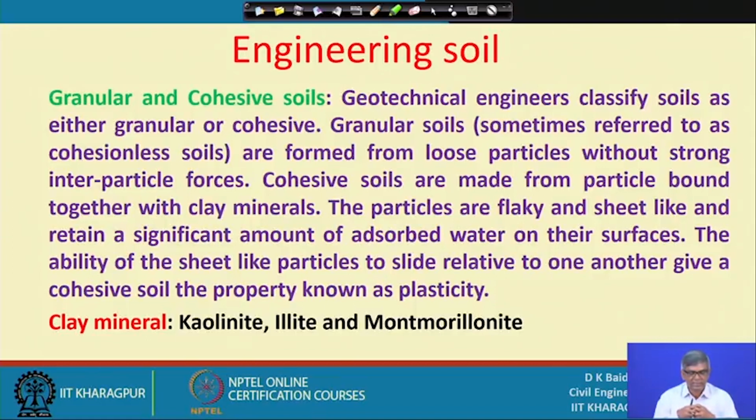The ability of the sheet like particles to slide relative to one another gives a cohesive soil the property known as plasticity. While sliding over one another, because of this interparticle force, that is cohesion, we get the plasticity property in the cohesive soil.